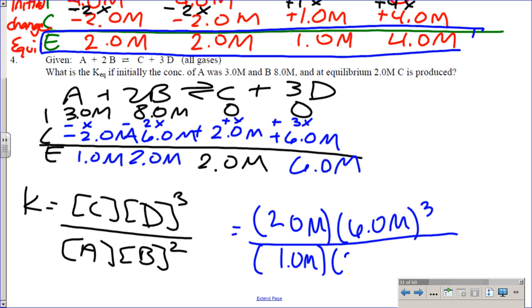Anybody got an answer yet? What you got? I think that's right. I don't have my key in front of me. Did anybody else get 27?